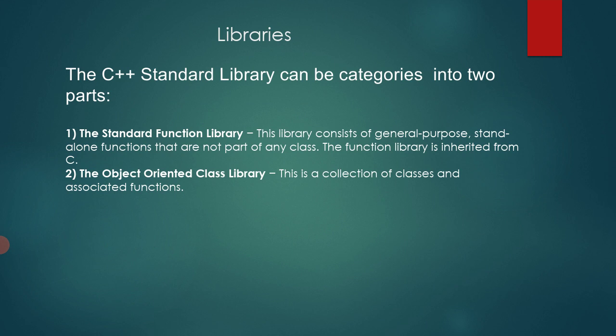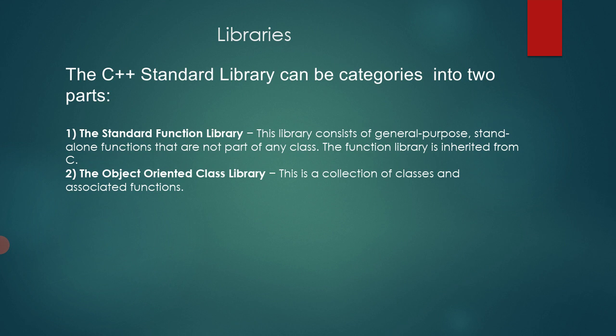So it is just a collection that you have already kept somewhere, so that you can use it whenever you require. Similarly in C++, there are libraries which are already provided by the compiler, and you can simply use them by using their names.